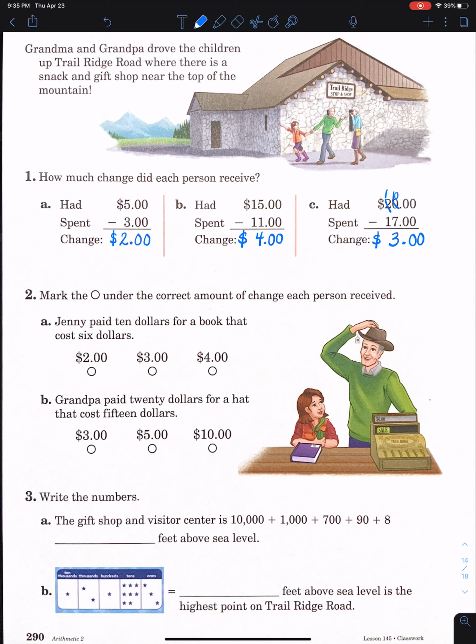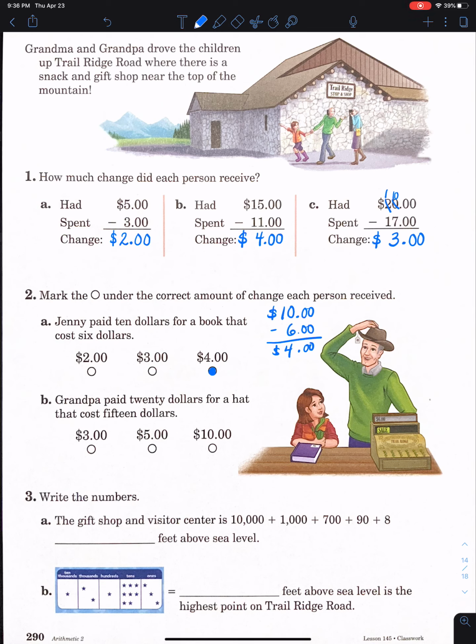Well, the way to figure this out is to take $10 and subtract $6. The book was $6. And what's the difference? Well, 10 minus 6 is 4. So she should get $4 back in change.